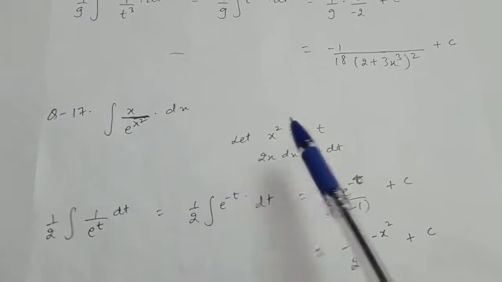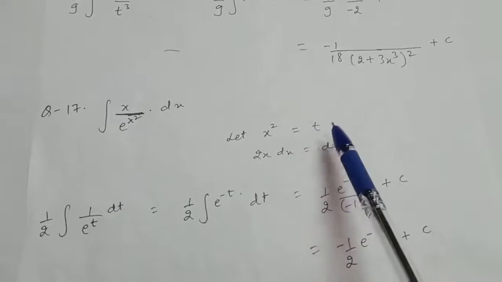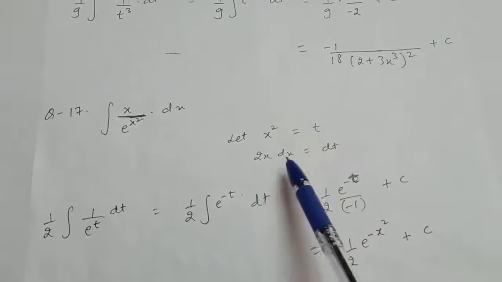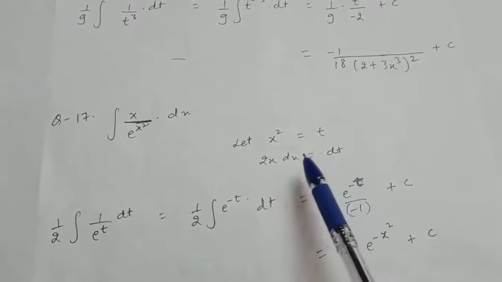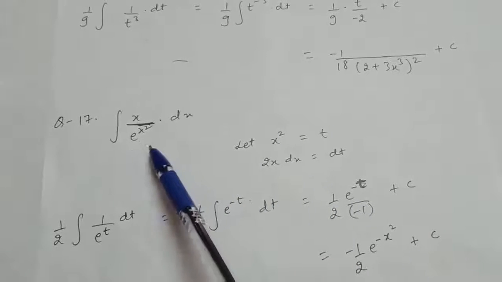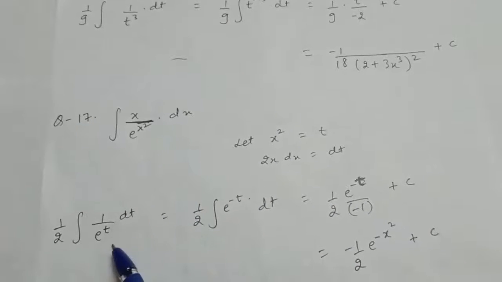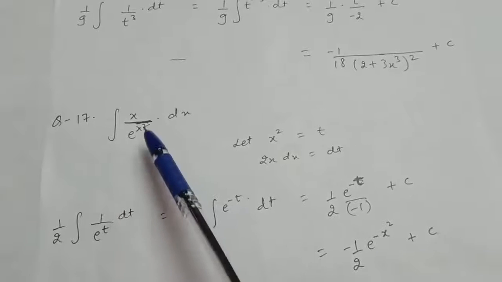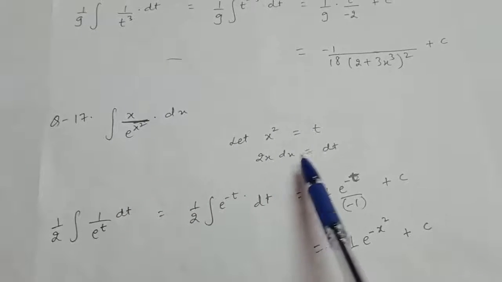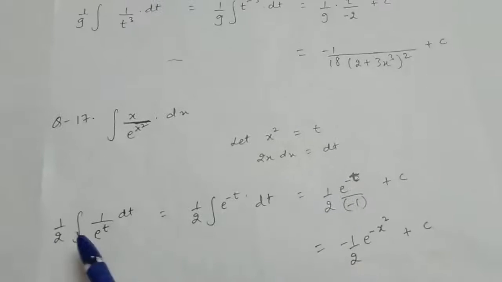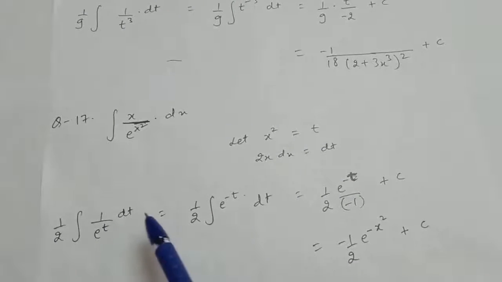Therefore we will take x square as equal to t. Then 2x dx is equal to dt after differentiating. Now e raised to the power x square will become e raised to the power t. Also x dx will be equal to 1 upon 2 dt.